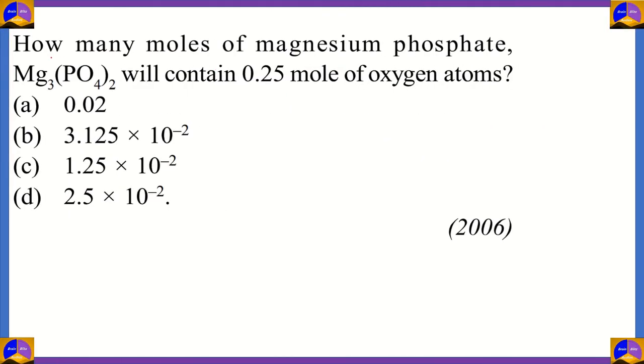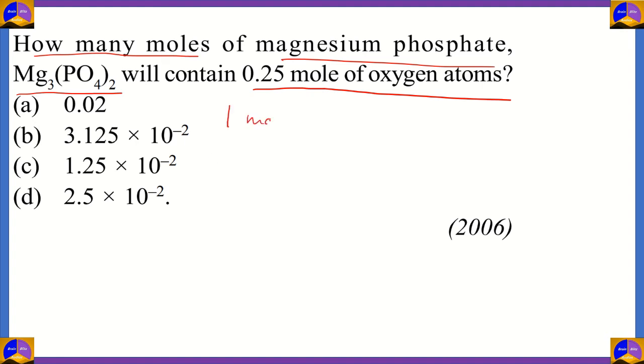This is the final question of this episode. How many moles of magnesium phosphate, Mg3(PO4)2, will contain 0.25 moles of oxygen atoms? So in these kinds of questions, it's important to find out how many oxygen atoms are present in one molecule.